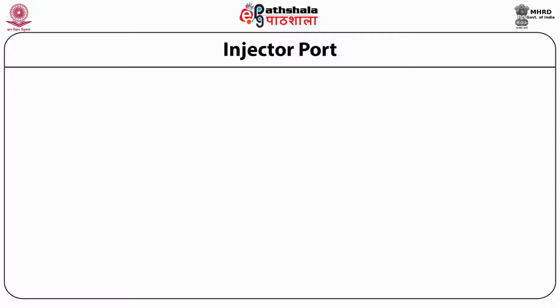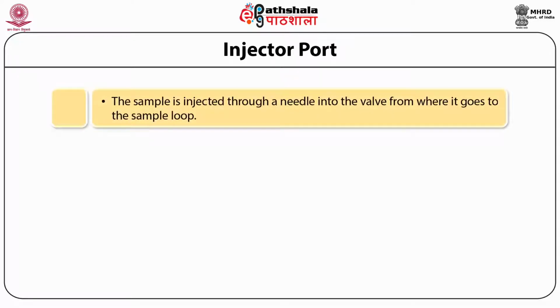Now, after getting to know about pumping, the mobile phase enters the injector port, where it combines with the sample and is then flushed into the ion exchange column. The sample is injected through a needle into the valve, where it goes to the sample loop.